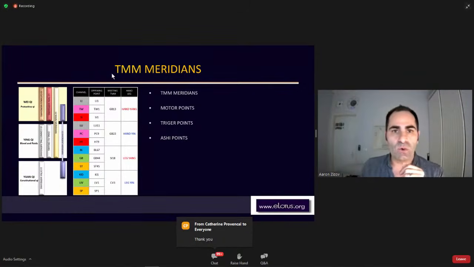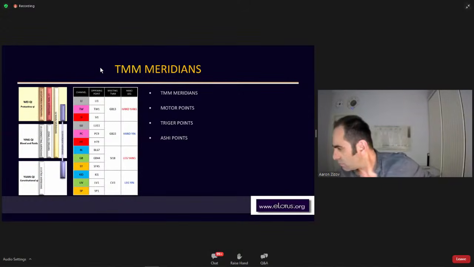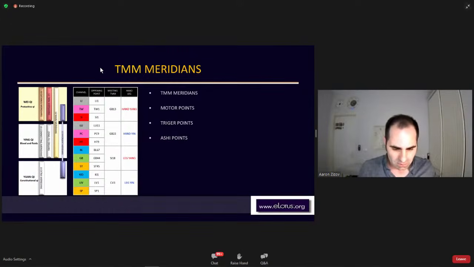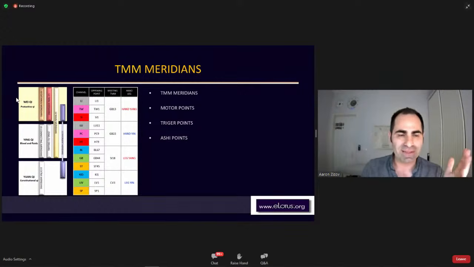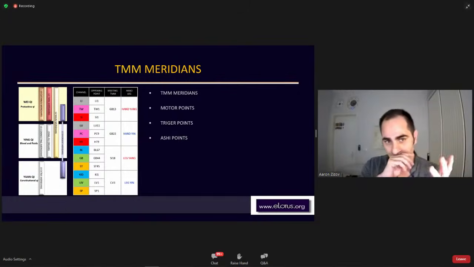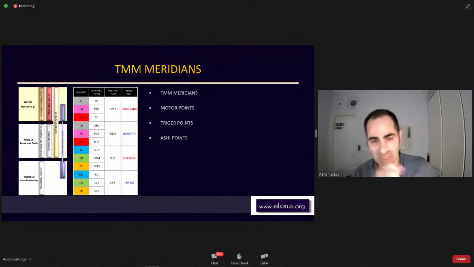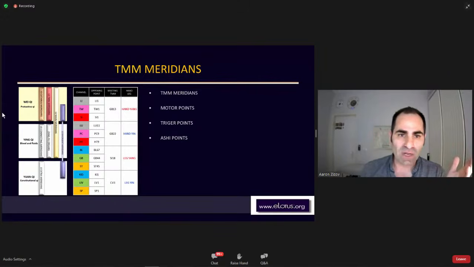Okay. So TMM meridians are basically very simple. I mentioned them all this time when I talked about opening the levels. They are the first points of the limbs, so large intestine 1, triple burner 1, small intestine 1, and so on.